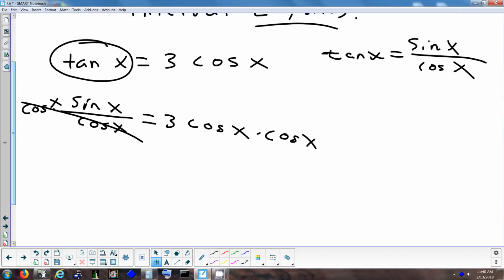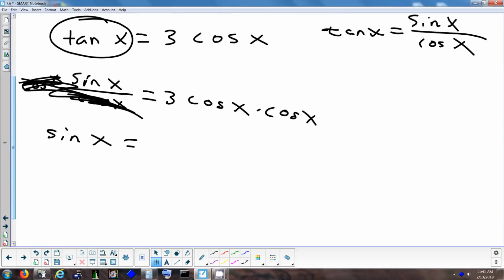What's on the left-hand side now? Sine x. Well, all that's gone. Oh, just sine x. Yep. So sine x. And Casey, what's on the right? 3 cosine squared x. Yep.